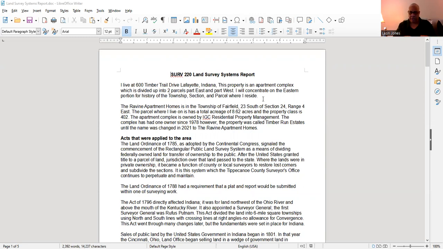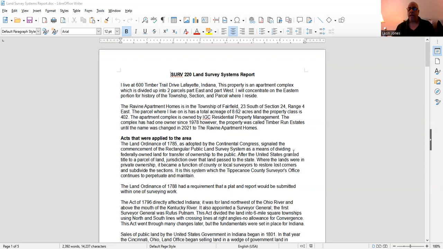But before I even get into the acts that were applied to the area, let's get into some details when you read deeds. Okay, Ravine Apartment Homes. It's in the township of Fairfield, and that is 23 south of section 24, range 4 east. Now, again, the total acreage is 8.62 acres, and the property class is 402.